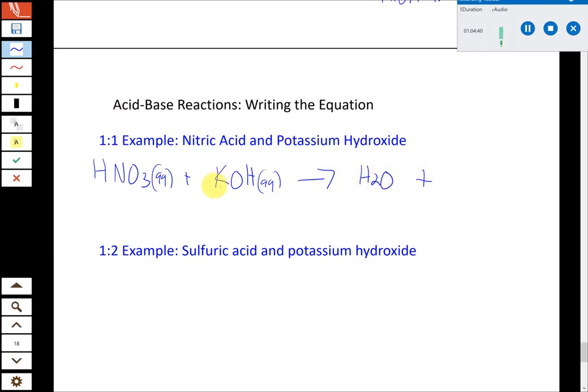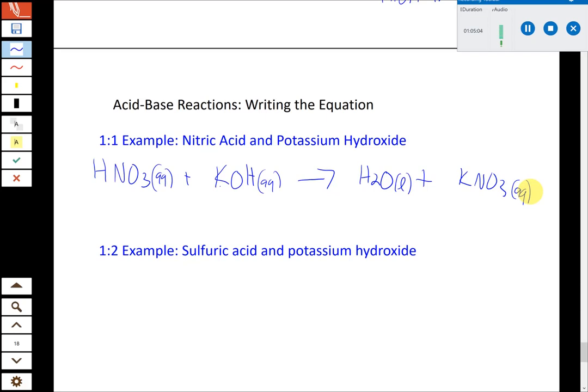The ionic compound is going to include this cation, which is K+, this anion, which is NO3-, so it's going to be KNO3. Okay? So we just take the leftover cations and anions from the acid and base and make an ionic compound out of them. All right, so this H2O we typically write with an L because it's a liquid, and then KNO3 is soluble, so we'll write it as aq.